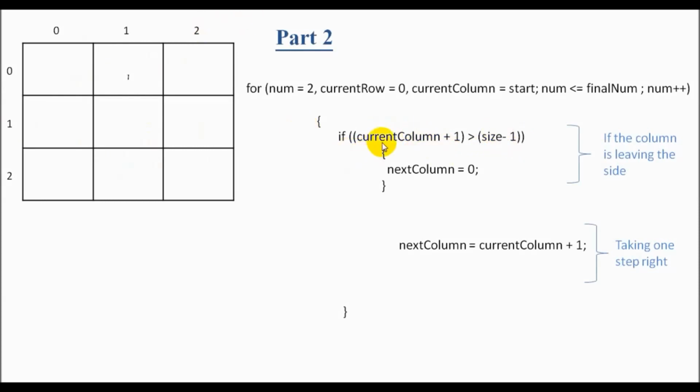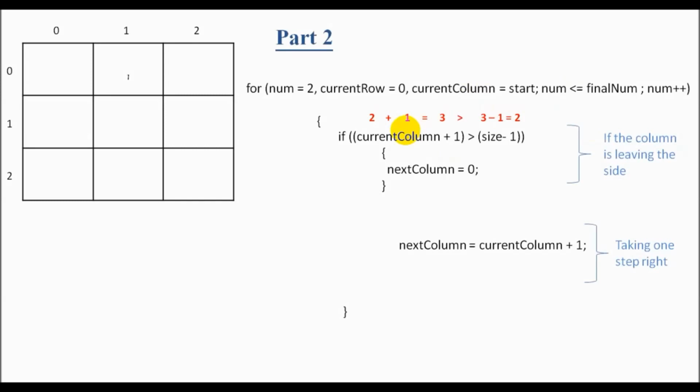So when we are going to take one step right from the current column number, if that is bigger than the last column number, then we will assign our next column to 0. For example, if our current column number is 2, then 2 plus 1 equals 3, and our size of the matrix is 3, then 3 minus 1 equals 2. So the condition becomes true here.